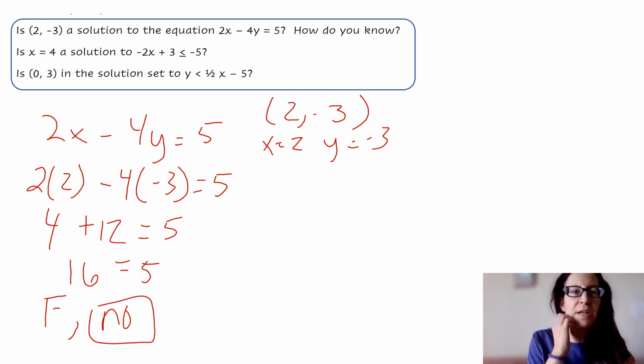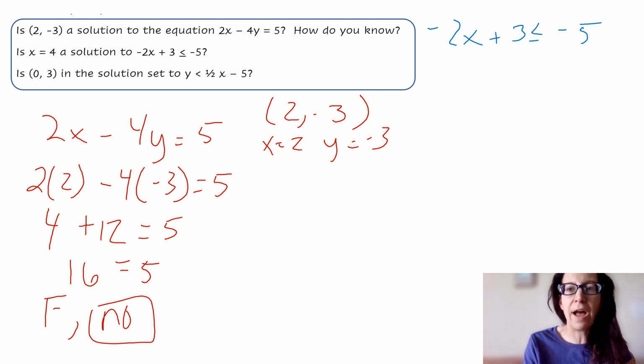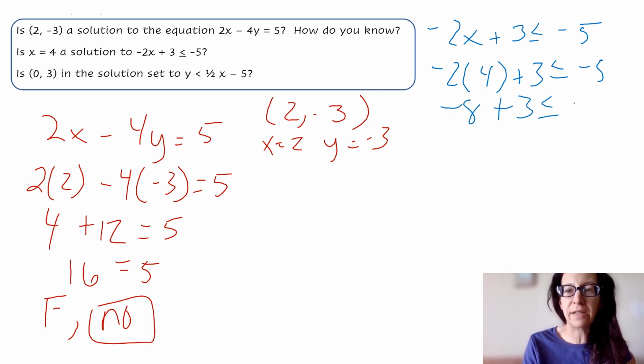So the next question: is x = 4 a solution to the inequality -2x + 3 ≤ -5? I'm going to plug in a 4. And so we get -8 + 3 ≤ -5, and I get -5 ≤ -5.